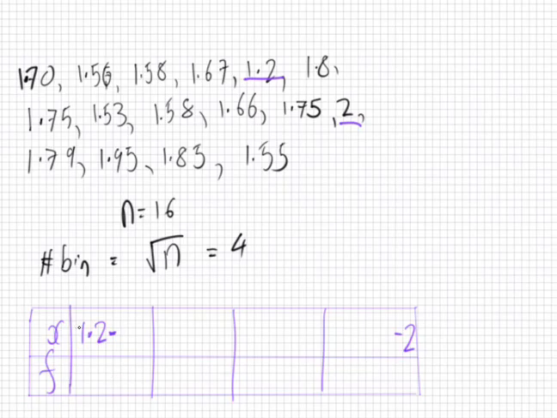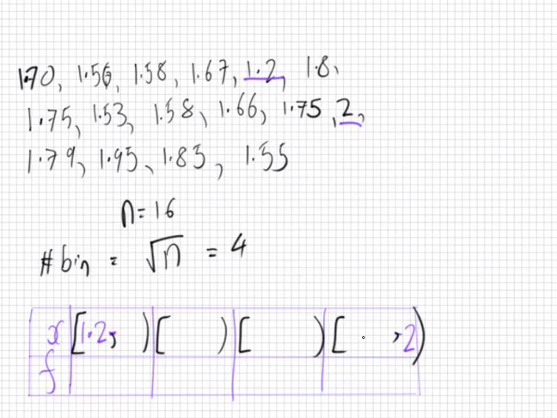The starting one is 1.2. If I finish at 2 and I start at 1.2, that's a difference of 0.8. So the difference between the biggest and the smallest is 0.8.